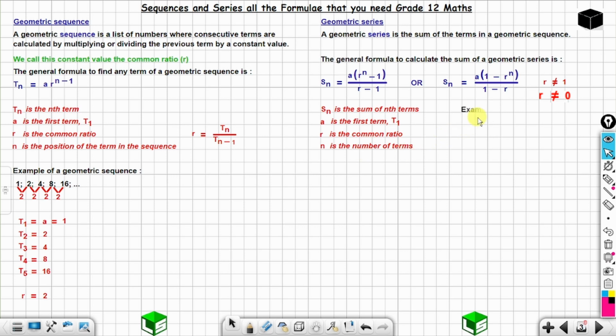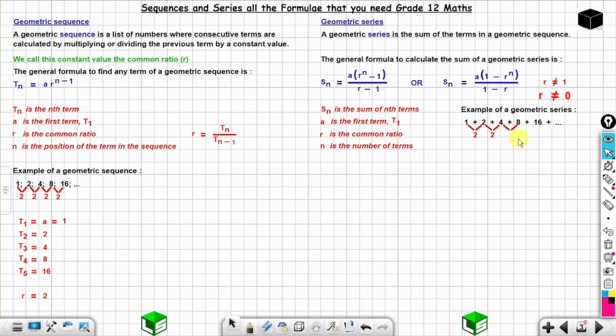Now, for an example of a geometric series, I can still use the same numbers. You have to see the difference. For a geometric series, I've got plus signs. For a geometric sequence, I've got semicolons to separate my numbers. For the common ratio, you still have 2.